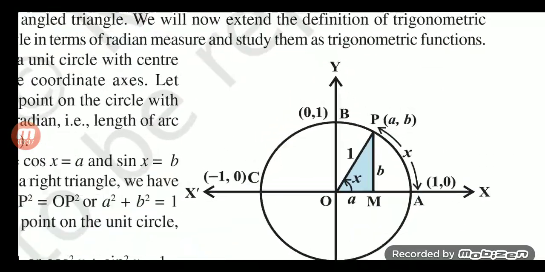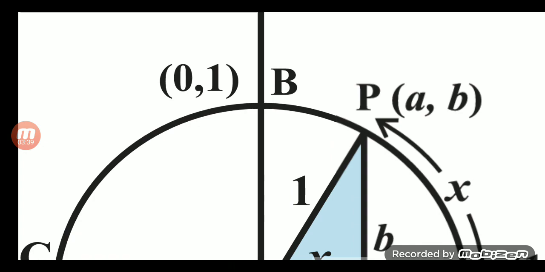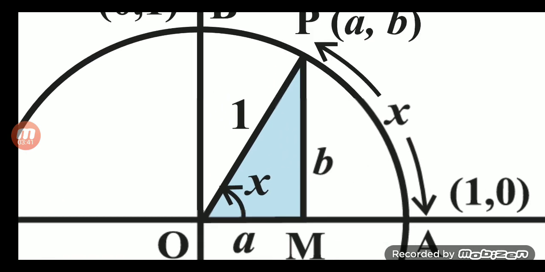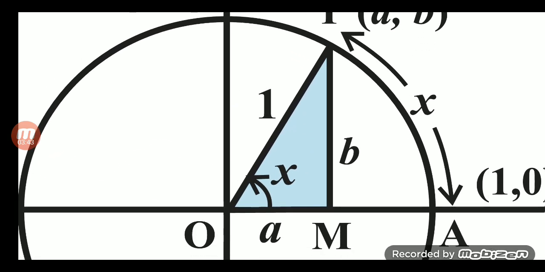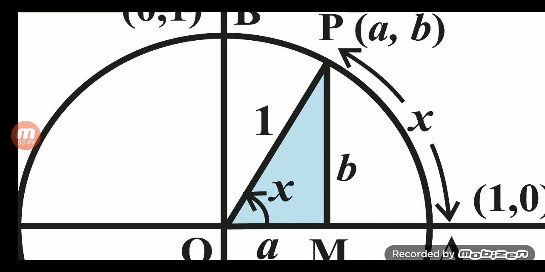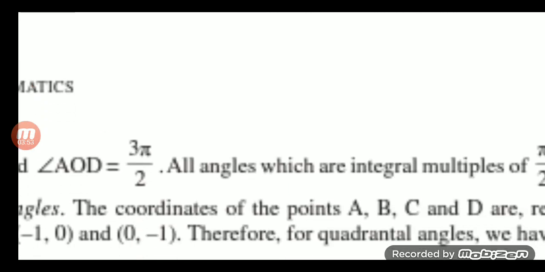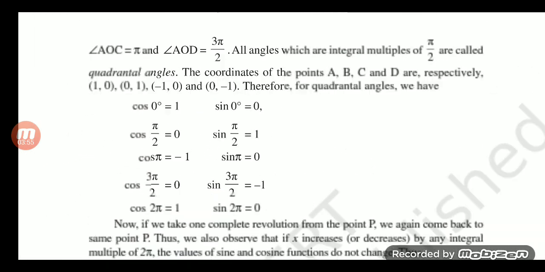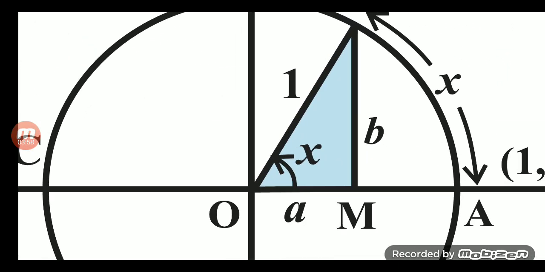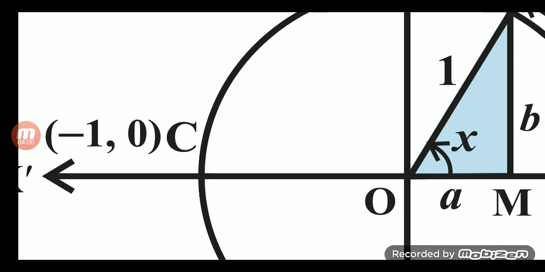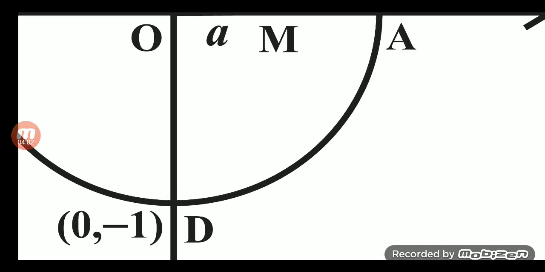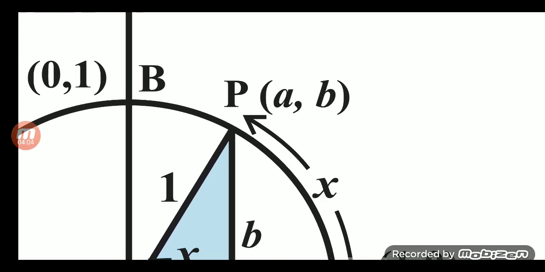What is P? Till point P, it's angle x. OP is the terminal side of angle x, right? So what do we do when we take a complete revolution like this, P to P?